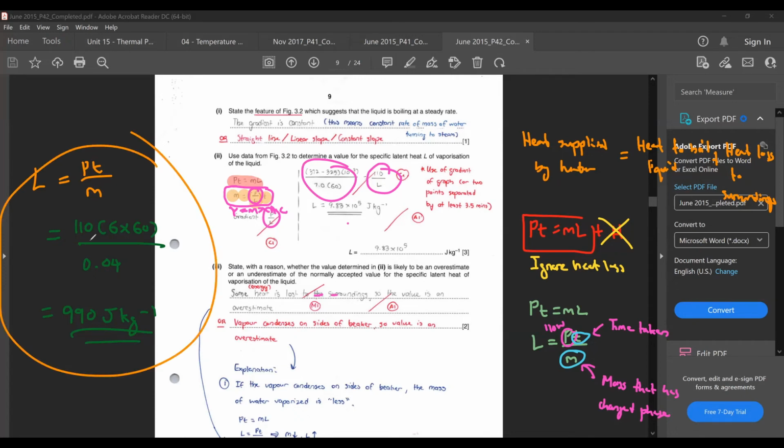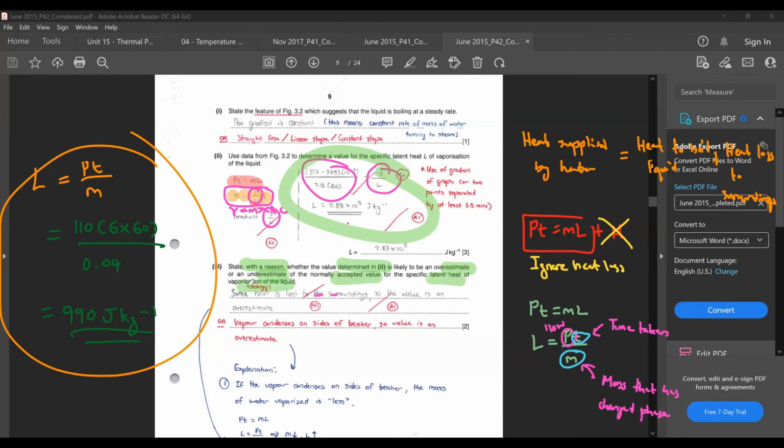All right. Now for part 3, one last thing they ask you, state with a reason whether the value that you've just determined in 2 over here is likely to be an overestimate or an underestimate of the normally accepted value of the specific latent heat of vaporization of the liquid.